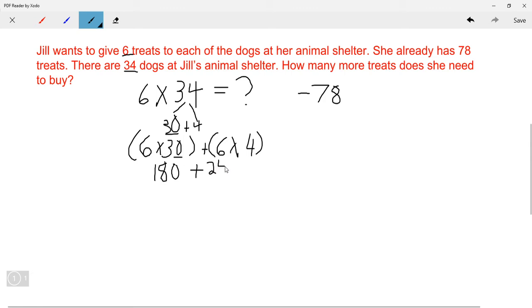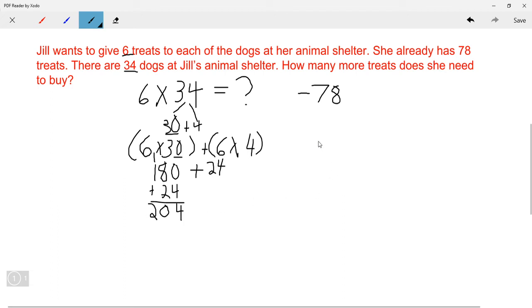And I know that because I have memorized my times tables, and I suggest everyone memorizes theirs, because math will be a whole lot harder if you do not know your times tables. And now we just have to add these up. 180 plus 24. So we got 4. 8 plus 2 is 10. And then 1 plus 1 is 2. So now we are at 204.